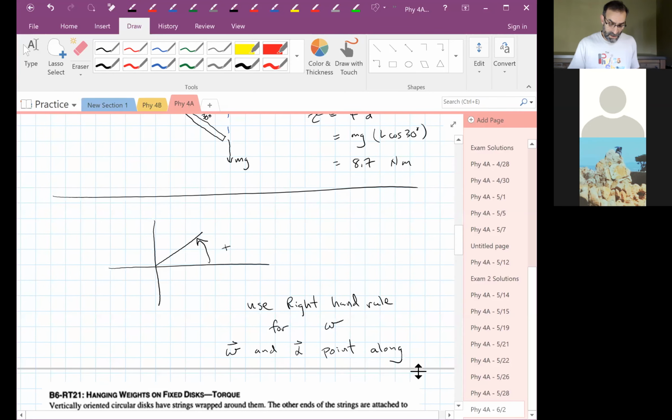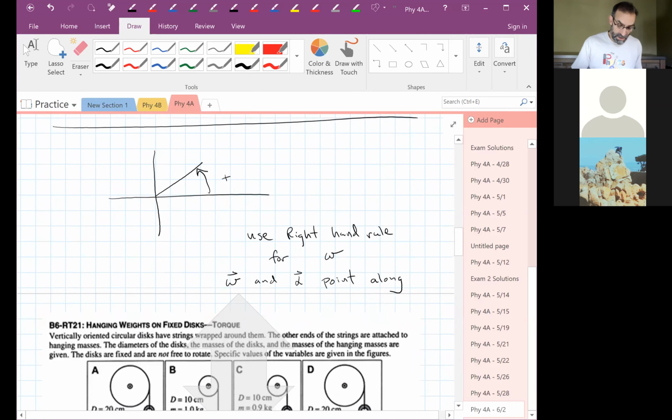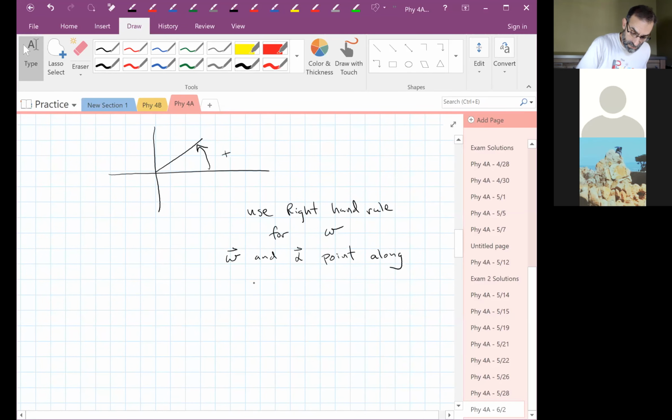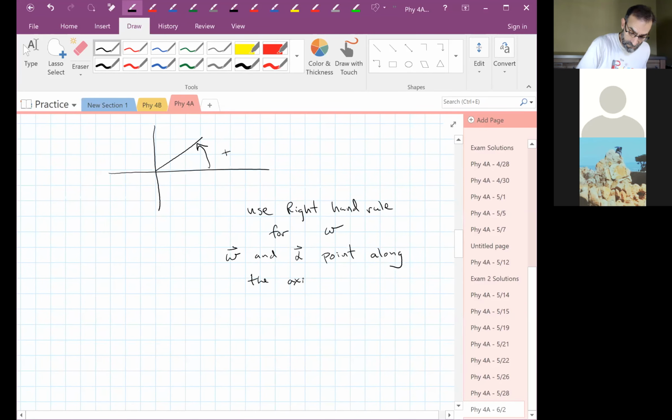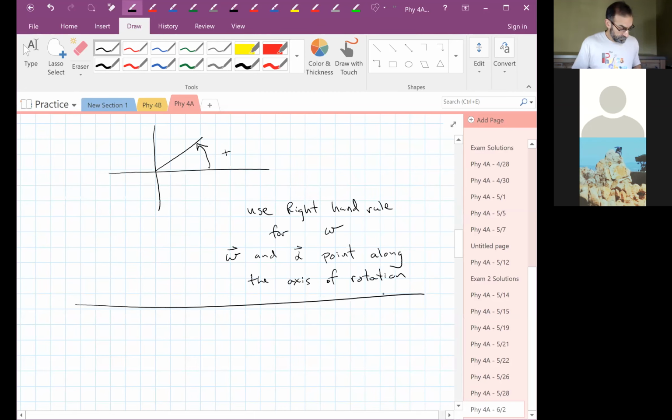And omega and alpha point along the axis of rotation. Okay, so there's a couple of ways that we can sort of talk ourselves into understanding what the rotational inertia is.